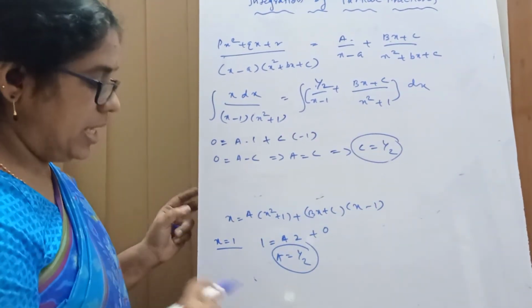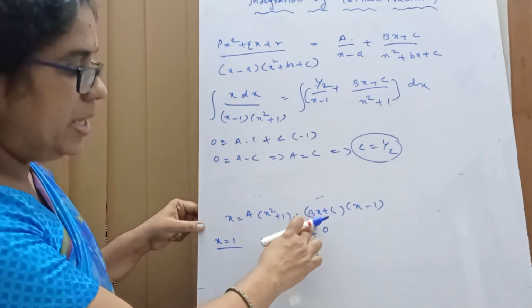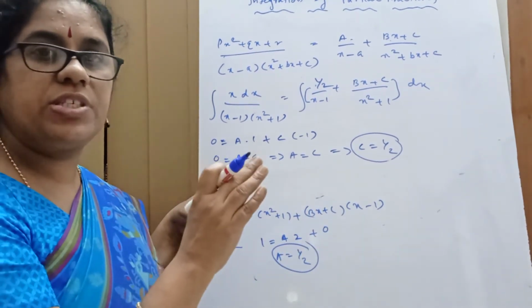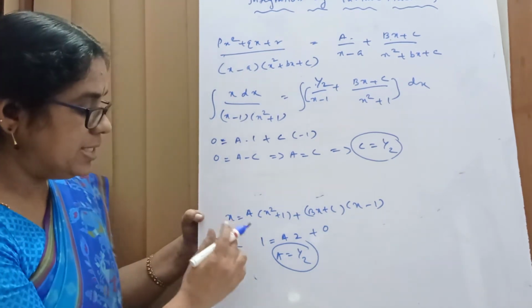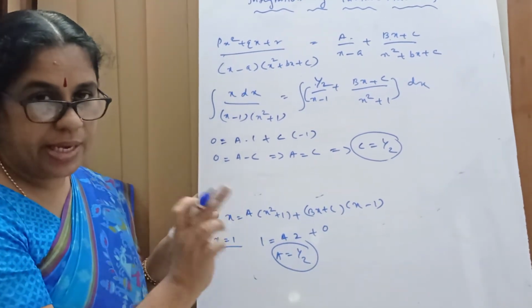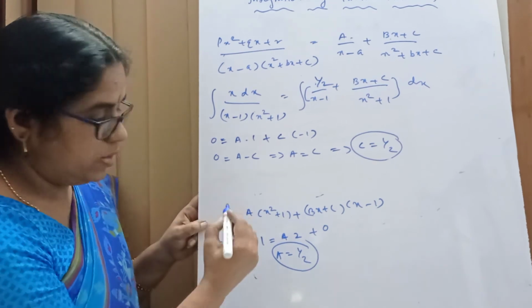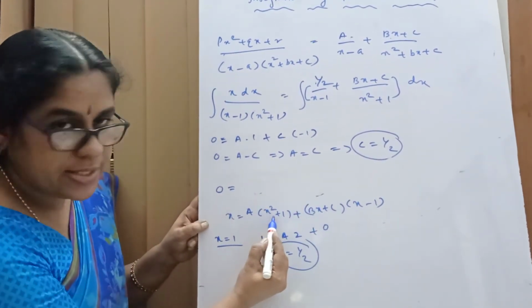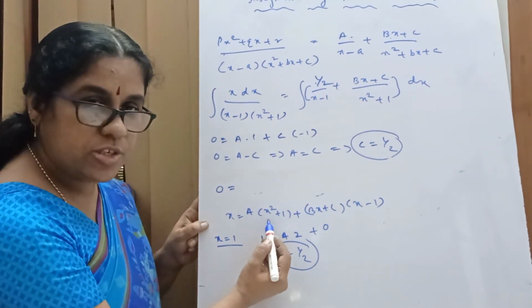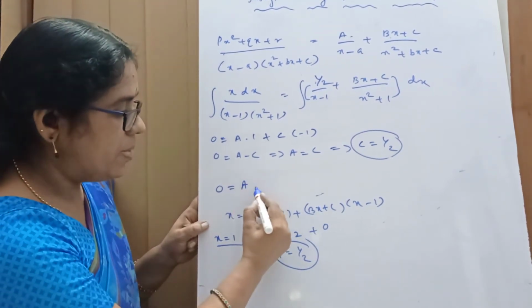Then for finding the other constant b, we have to compare the coefficient of x square on both sides. On the left side there is no term containing x square, so the coefficient is 0. On the right side, a into x square, so the coefficient is a.